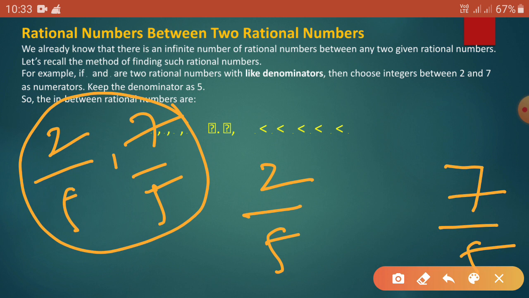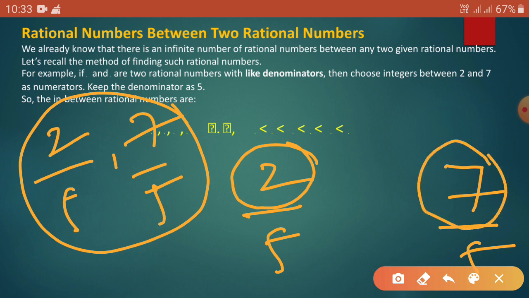What is the value on the upper part of the first rational number? That is 2, and here it is 7. So what are the numbers between 2 and 7? That is 3, 4, 5, 6. To write the rational numbers between these two, we write all the numbers in between 2 and 7, that is 3, 4, 5 and 6.